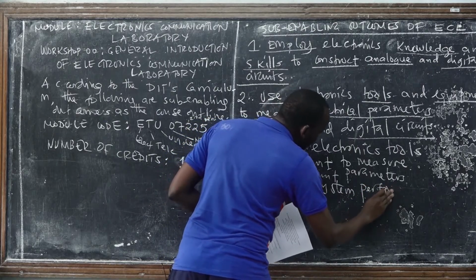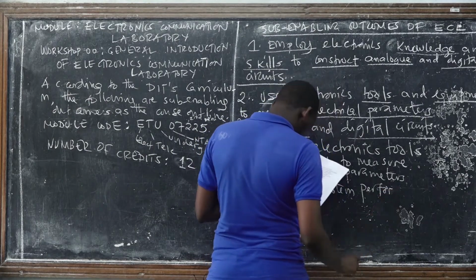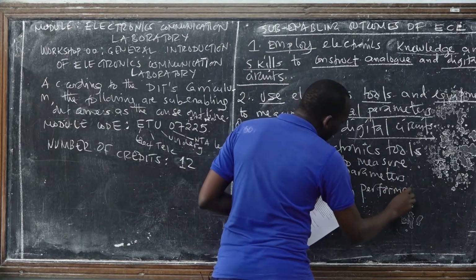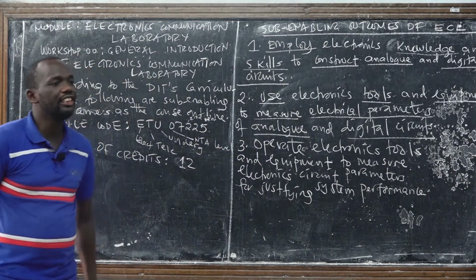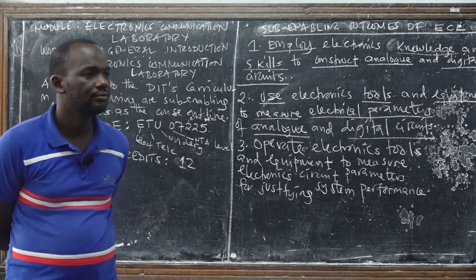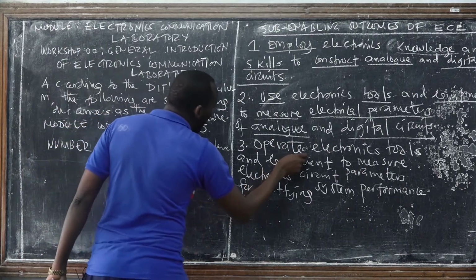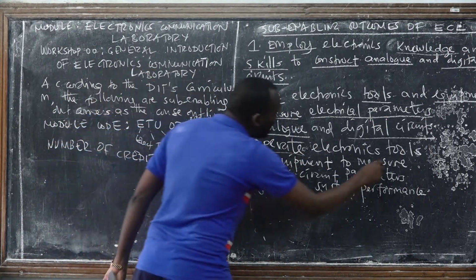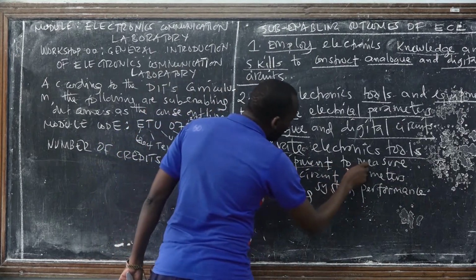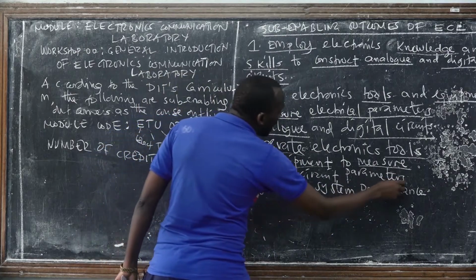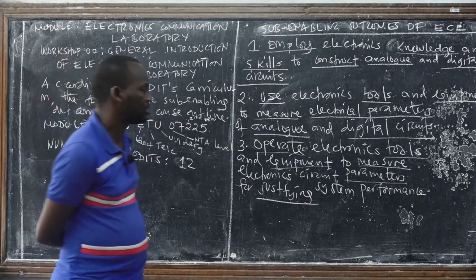It is the responsibility of every teacher to give you the sub-enabling outcomes so that you know what to cover in that particular module. So this is the third sub-enabling outcome: a student has to be able to operate electronic tools and equipment to measure electronic circuit parameters for justifying system performance.